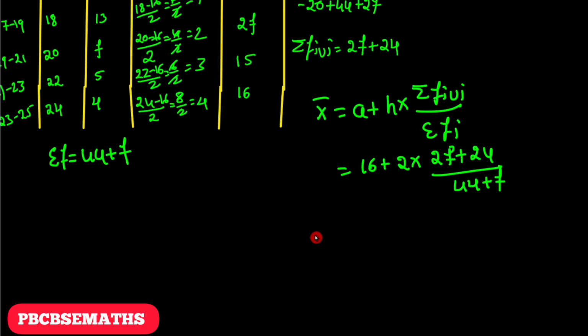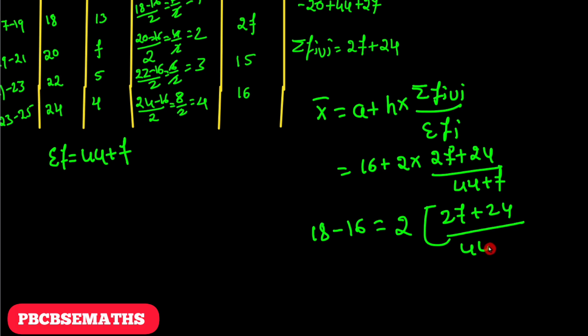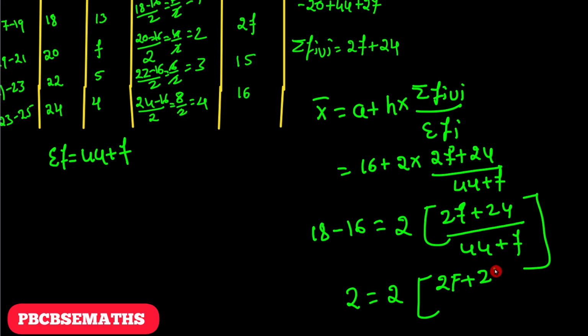We have the value of x bar as 18. So let's write that 18, and we will shift this 16 to the other side. So 18 minus 16 is equal to 2 times 2f plus 24 divided by 44 plus f. So 18 minus 16 gives us 2. So 2 is equal to 2 times 2f plus 24 divided by 44 plus f.